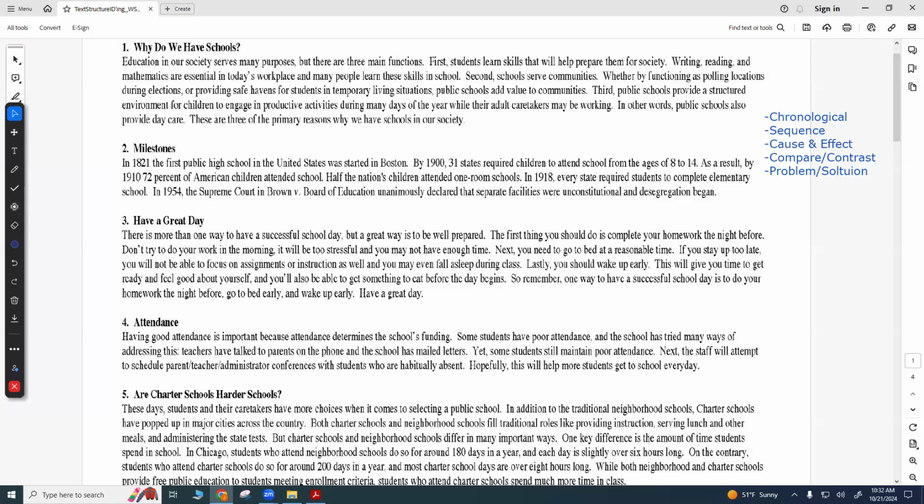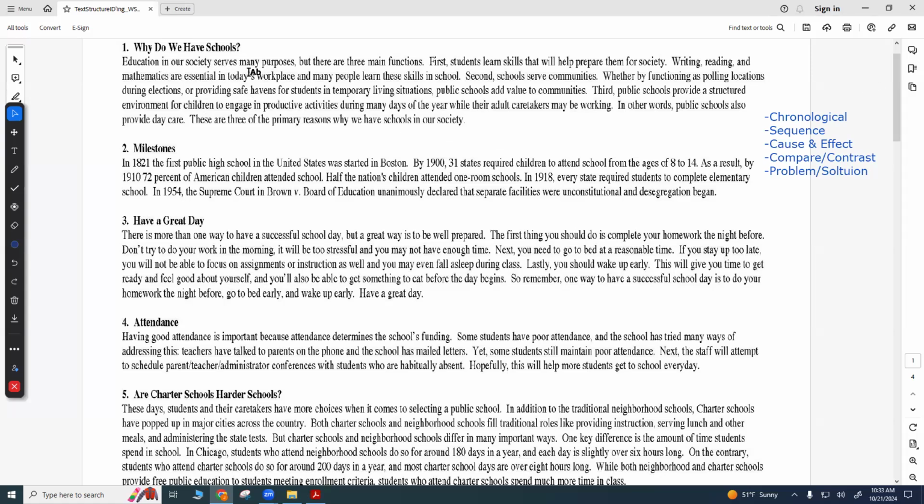Is what I'm asking you to do make sense, Alexa? Do you know, for example, what chronological means, what a sequence is, what cause and effect looks like? If not, you can just sit and chill. But basically, read the paragraph. The first paragraph, why do we have schools?